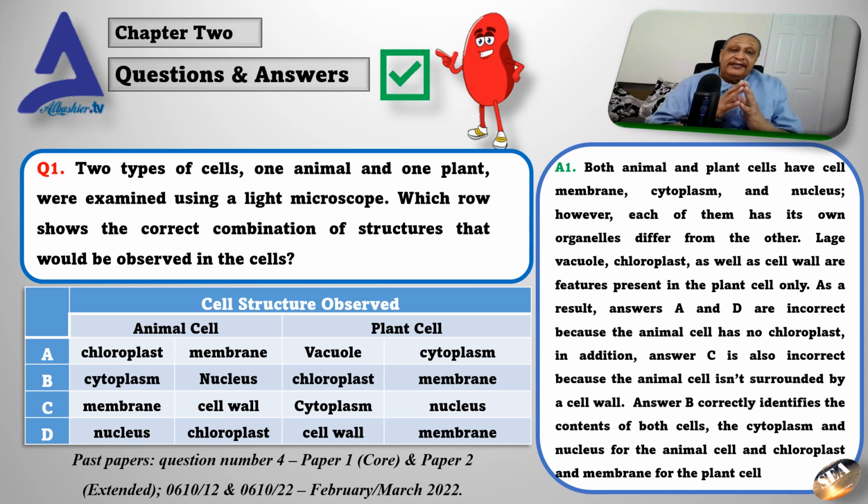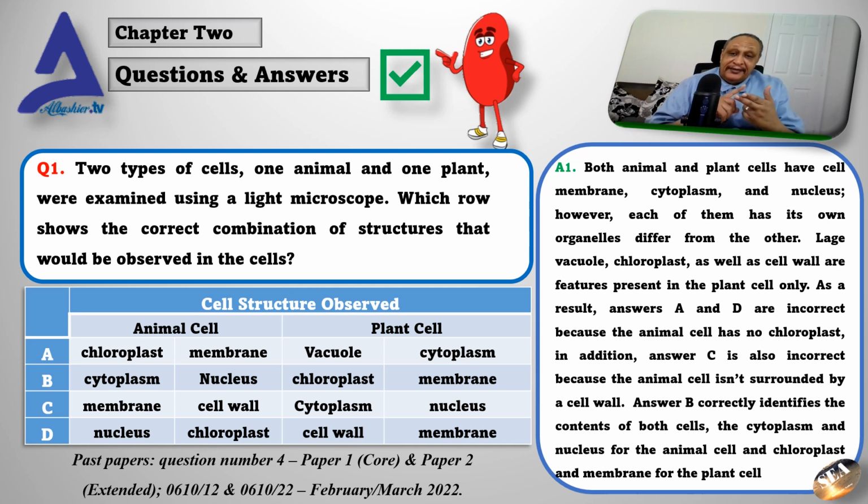The first question says that 2 types of cells, one animal and one plant cell, were examined under a light microscope. Which row shows the correct combination of structures that would be observed in the cells? So first, the given information is that you have 2 cells.